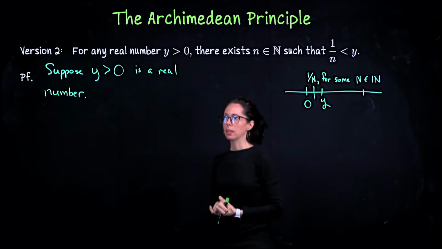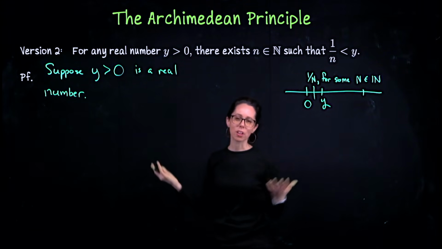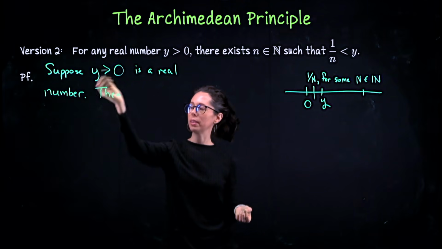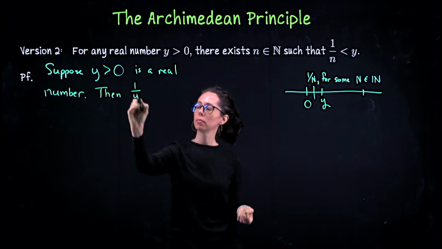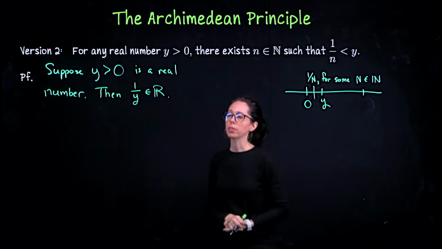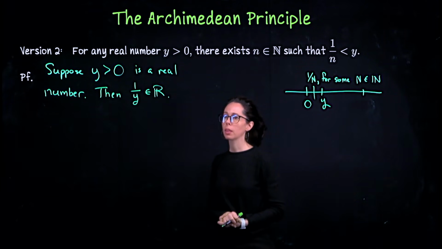All right, then 1 over y is also a real number. That comes from the field axioms. It's the multiplicative inverse of y. It's positive. You can show that.